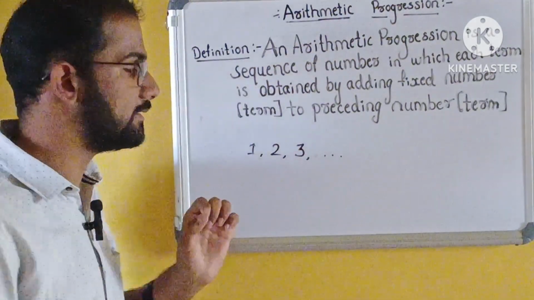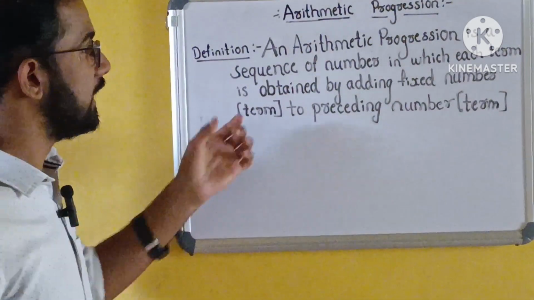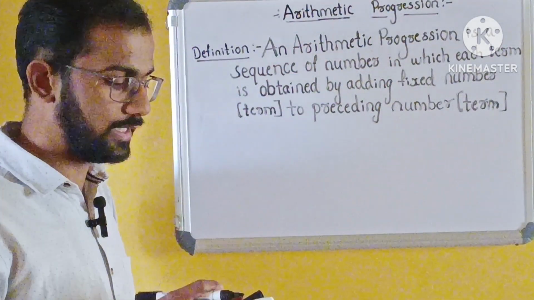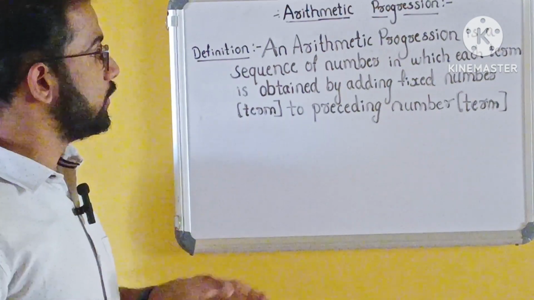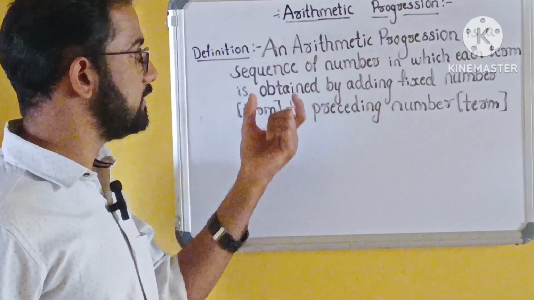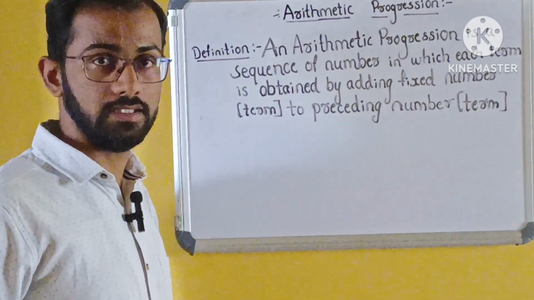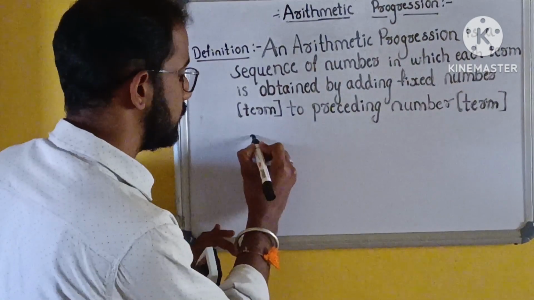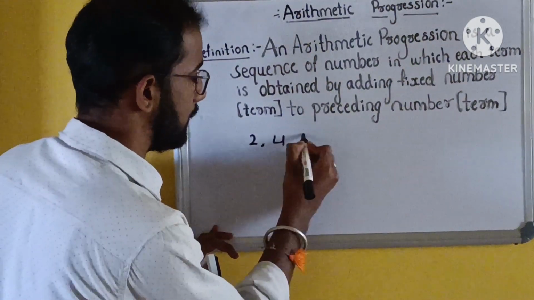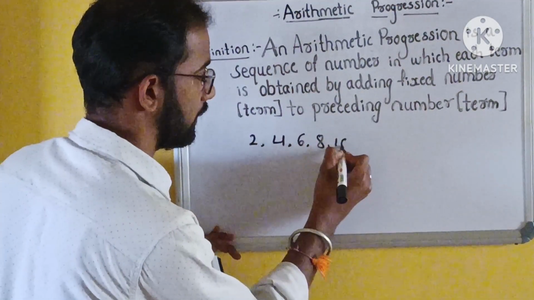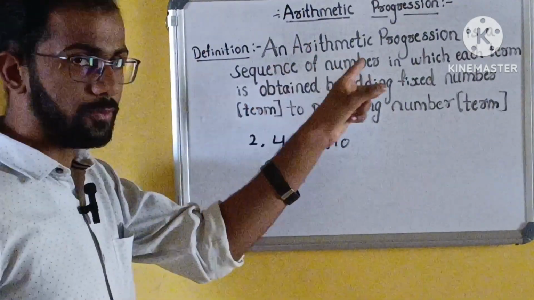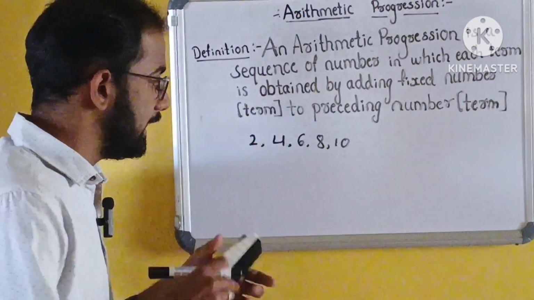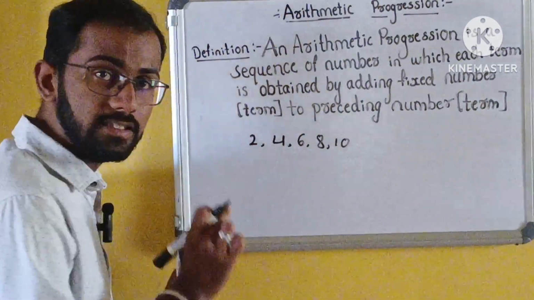Now let's see the exact definition and the exact meaning of arithmetic progression. An arithmetic progression is a sequence of numbers in which each term... What is a term?